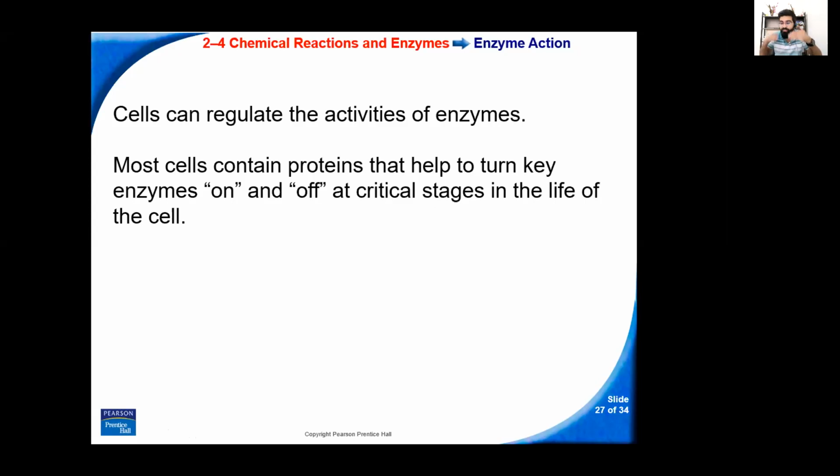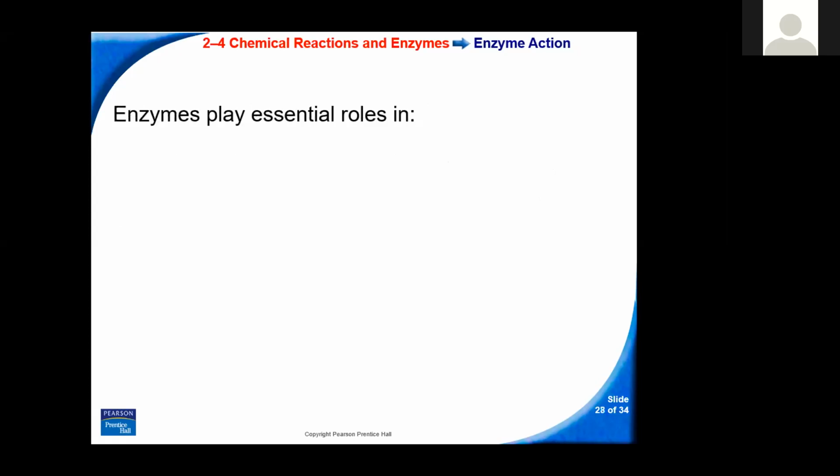If the cell needs this chemical reaction to be on, it simply switches on the enzyme which is in charge of this reaction, making it an active enzyme. And the opposite is also correct. If it needs to stop the chemical reaction, it's easy: make the enzyme inactive. Okay, got it?